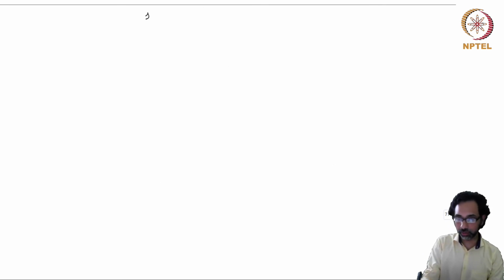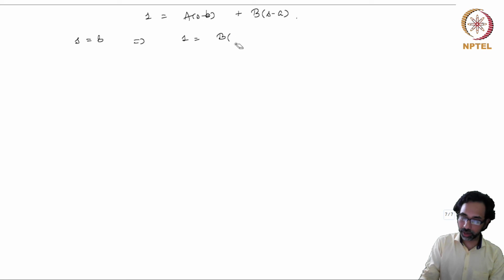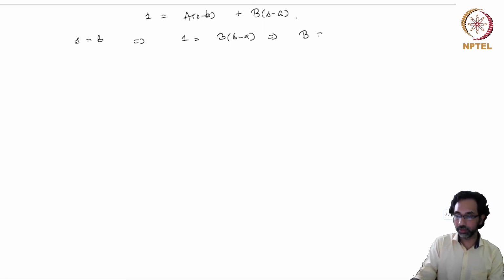We have 1 equal to A times (s minus b) plus B times (s minus a). So if you put s equal to b, this implies 1 equal to B times (b minus a), which implies that B equal to 1 over (b minus a).